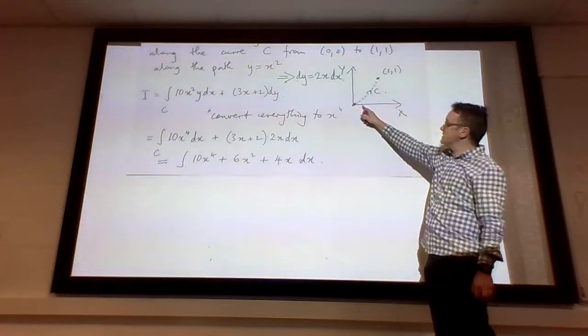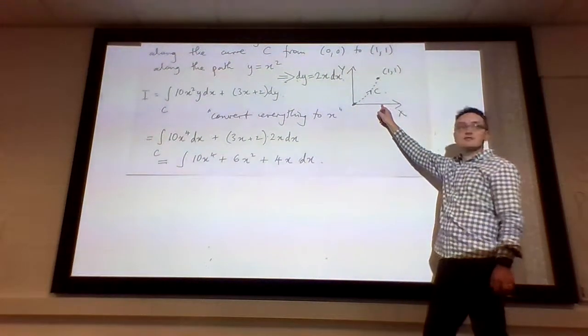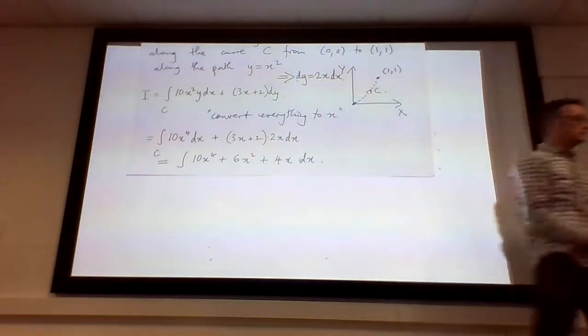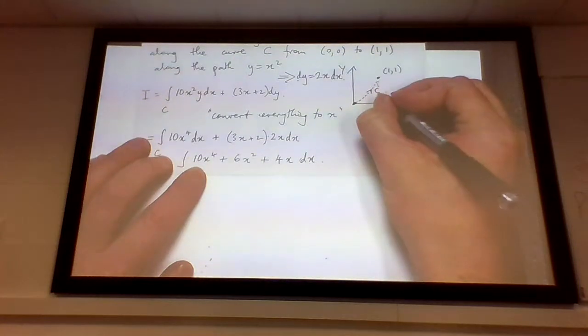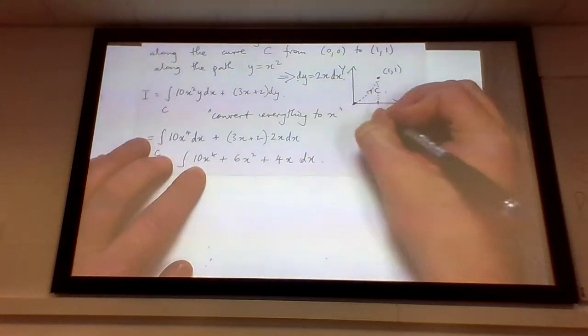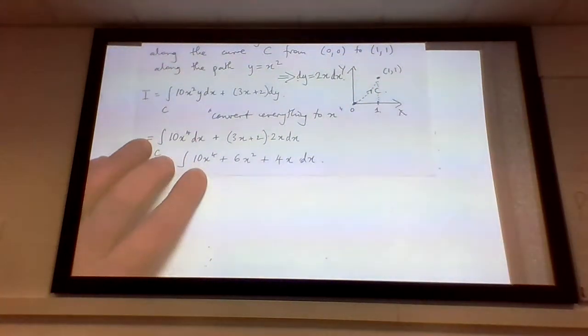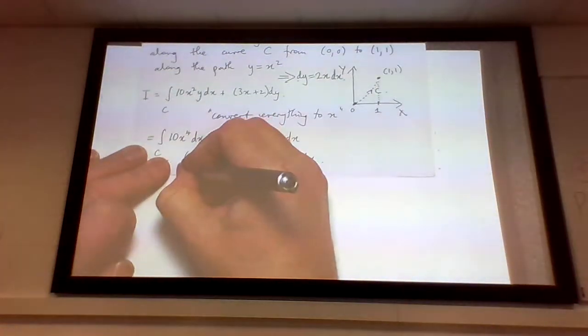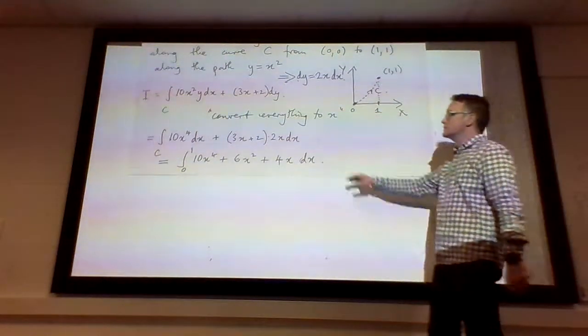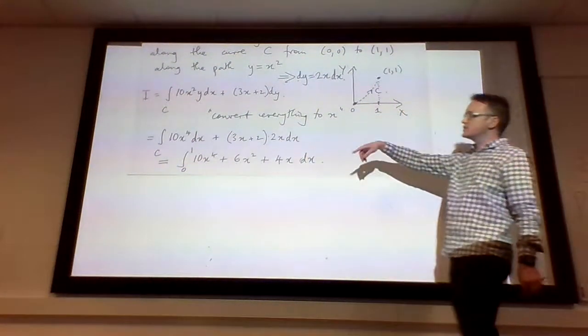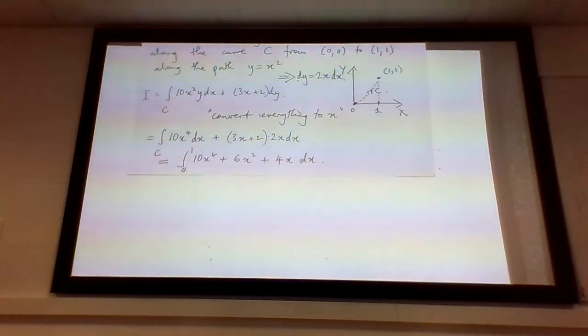Well, the x variable is simply changing from 0 to 1. So our actual integral becomes this much more familiar, simple kind of integral: the integral from 0 to 1 of 10x to the power 4 plus 6x squared plus 4x.